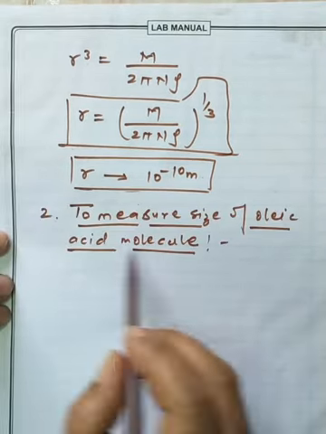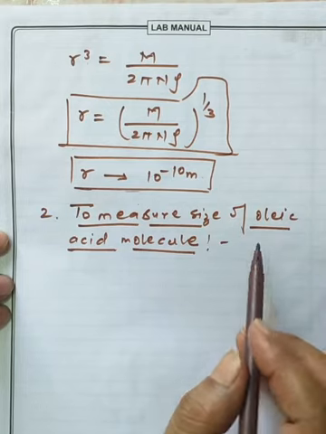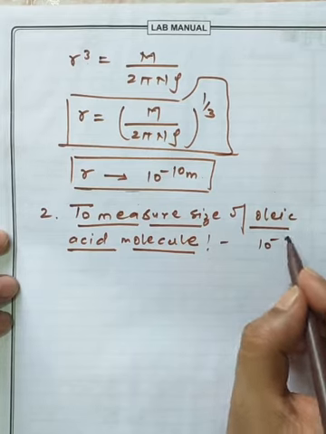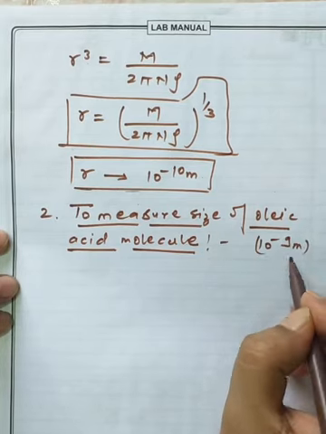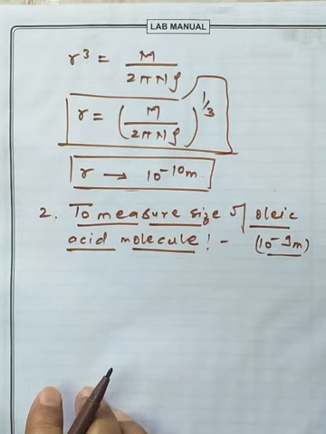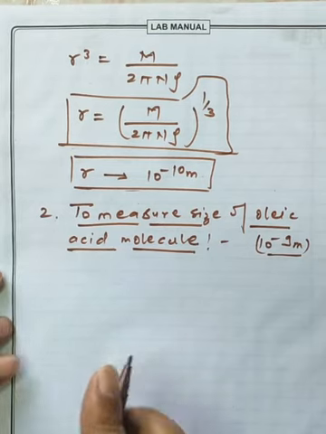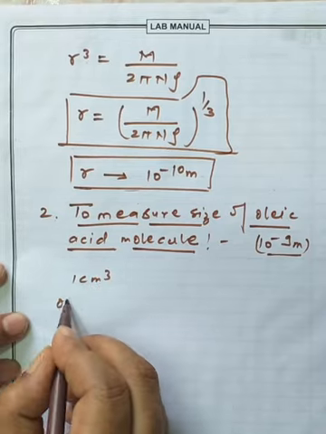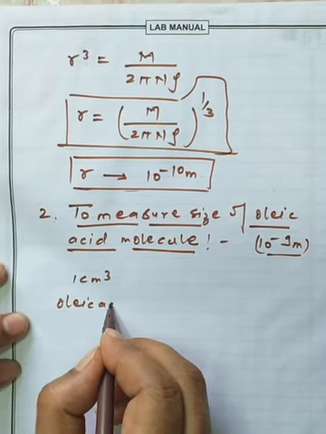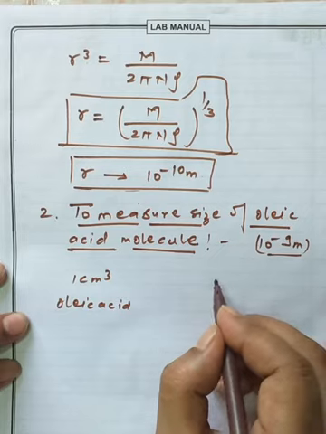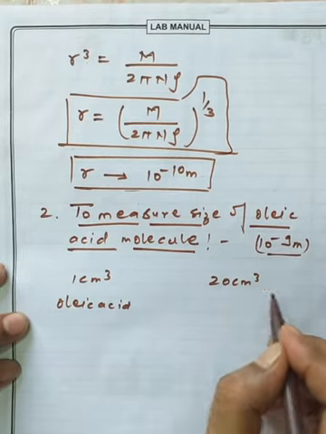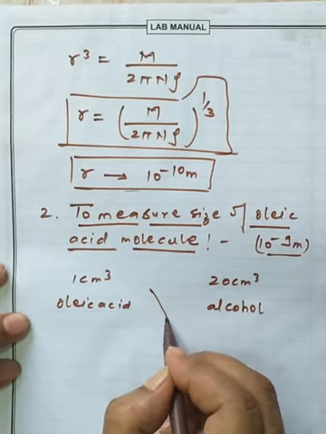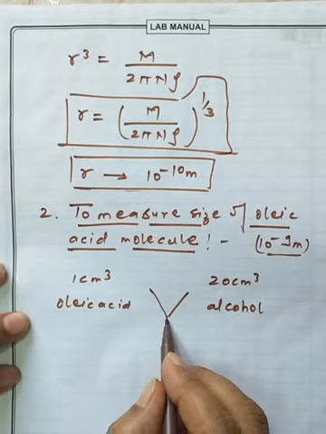So students, we have the second method, to measure the size of the oleic acid molecule. The size of the oleic acid molecule is about 10 to the power minus 9 meter. How do we do it? We take 1 centimeter cube of oleic acid and 20 centimeter cube of alcohol, and merge them.